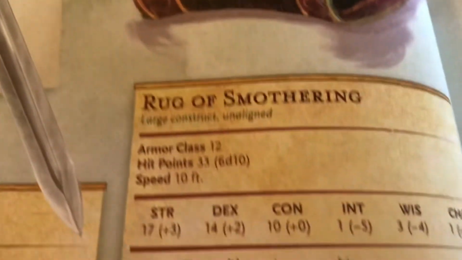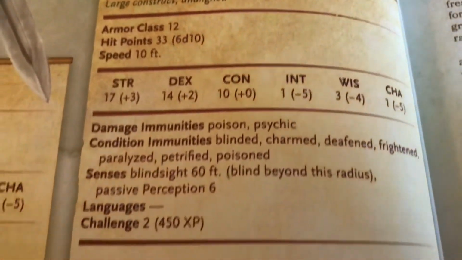And your players, if they're not super versed in what schools of magic are yet, may mistake it for a flying carpet. And if they mistake it for a flying carpet, there you go. There's your encounter, because they're going to try to steal the carpet, and the Rug of Smothering is going to attack them. So, and here's his armor and all that.